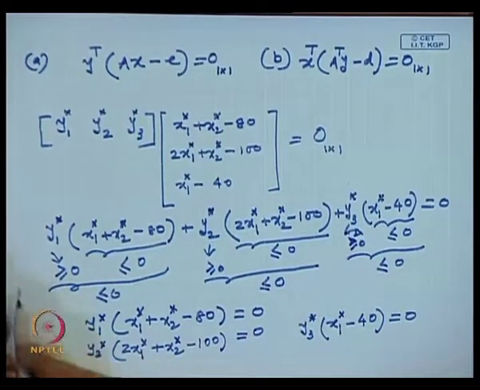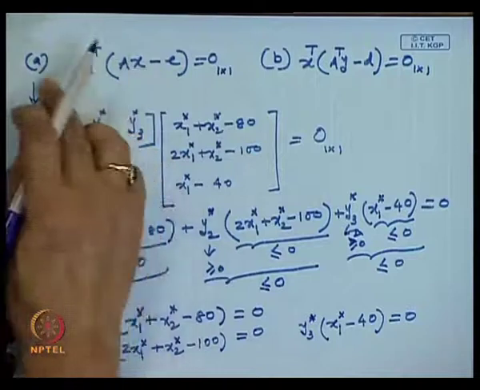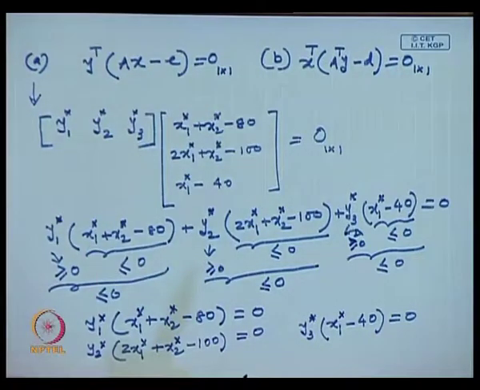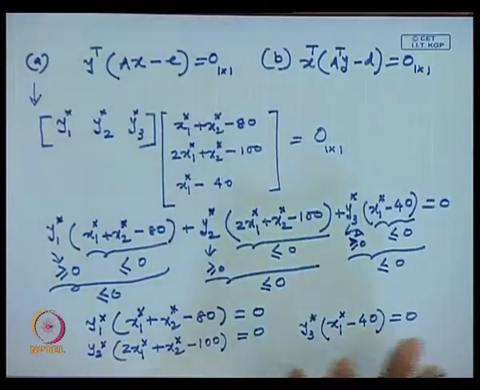This set of equations I got from this condition, and this condition I am getting from the theorem, that if x and y are the two optimal solutions of the dual pair, then we can write this and this equal to 0, only then.